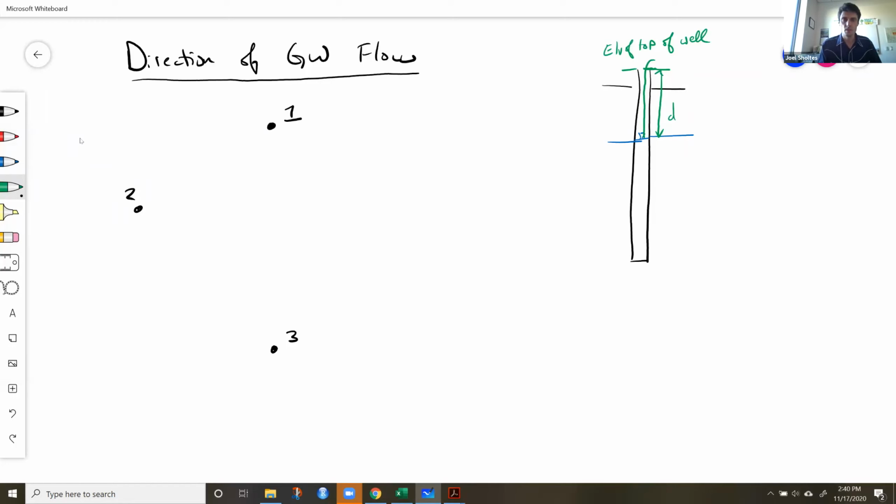Because we want to deal with head, the energy in the water, which, if it's unconfined, is going to be equal to the elevation, we need to convert that depth to elevation. If, say, the elevation at the top of the well is 1,000 feet, then we just do 1,000 minus D to get our head at this water level. Does that make sense?